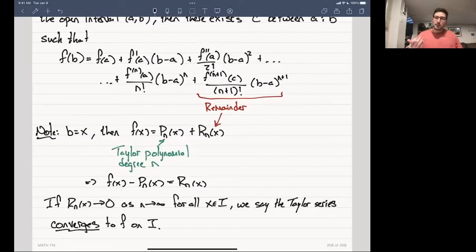So this is exactly what I was talking about. This is what we were sort of using without properly defining in the previous video. And now we have a proper quantification of this based on Taylor's theorem.